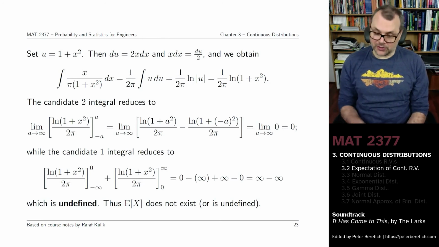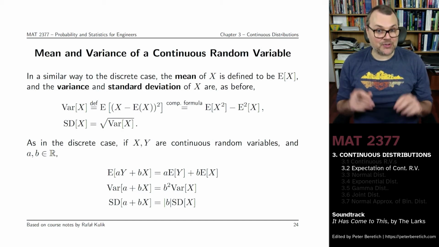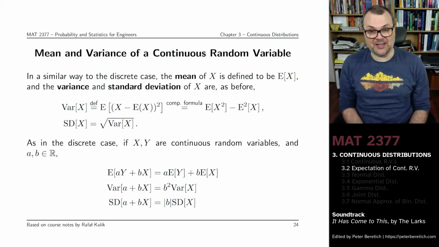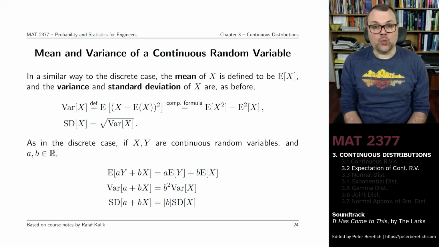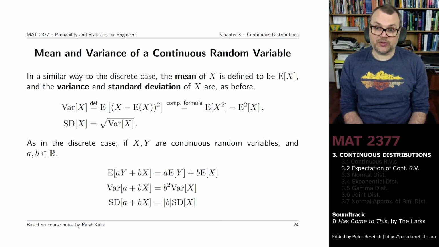The expectation does not actually exist. If we are trying to remember that the expectation maps to the mean value or the average value, what that means is that this distribution does not have a mean value. If you try sampling observations from that distribution, you compute the mean value, you'll never converge to a specific value. That's really what it means.